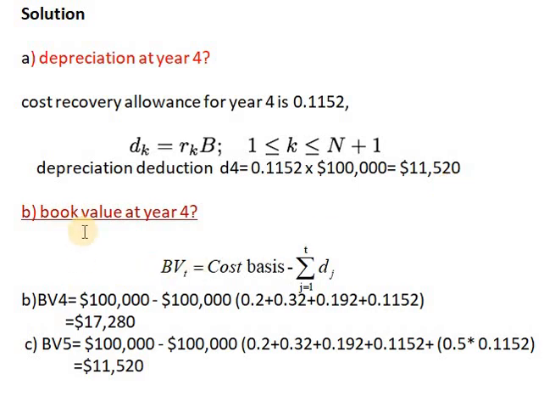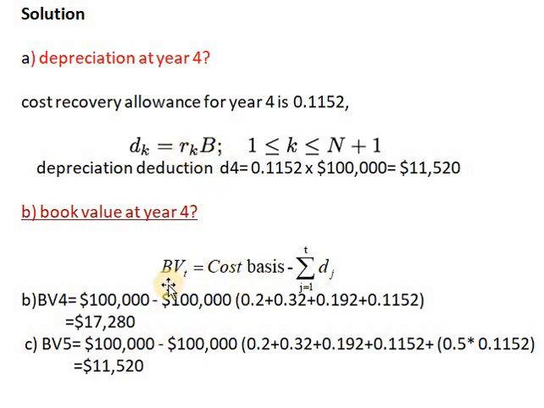Now, what will be the book value at year 4? How much did I lose out of depreciation? So the book value is the cost basis, the original cost, minus accumulated depreciation. How much did I lose out of the value of this asset each year? So the book value at year 4 will be the cost basis, 100,000, minus a summation of the depreciation. We said that the depreciation of each year is the rate times the cost basis.